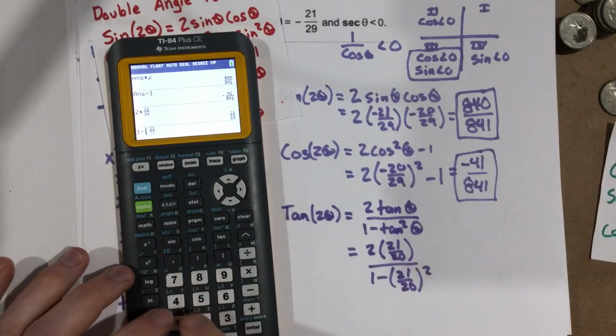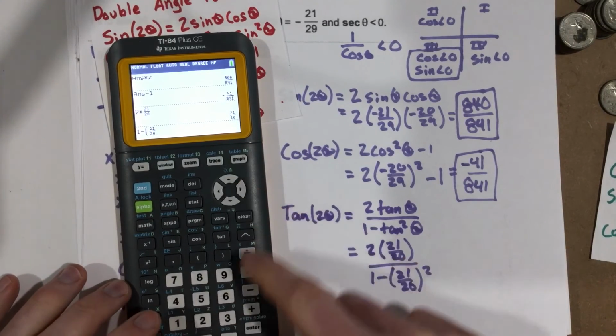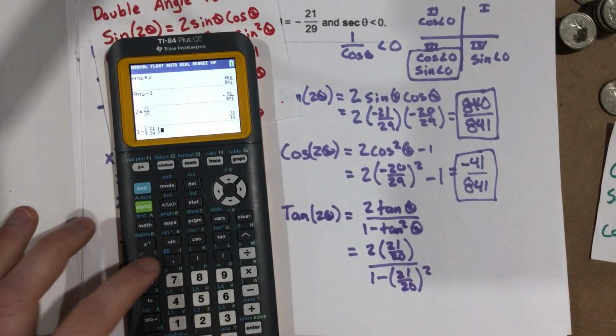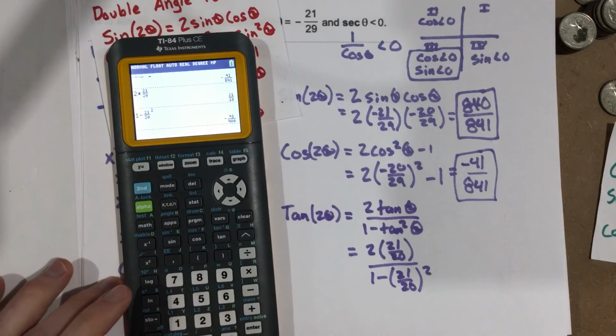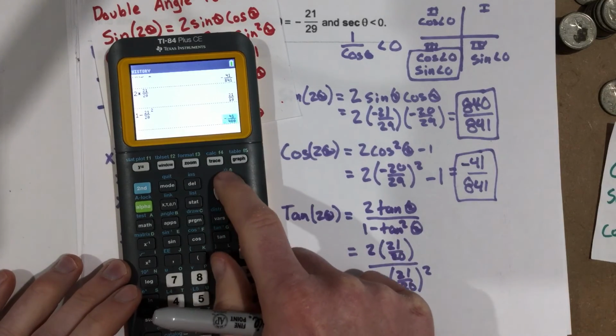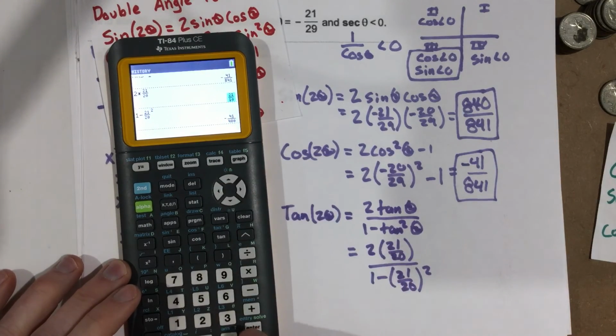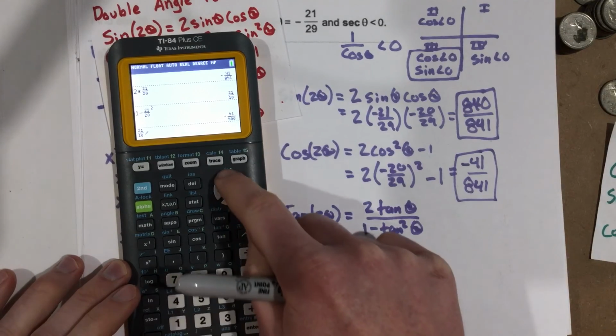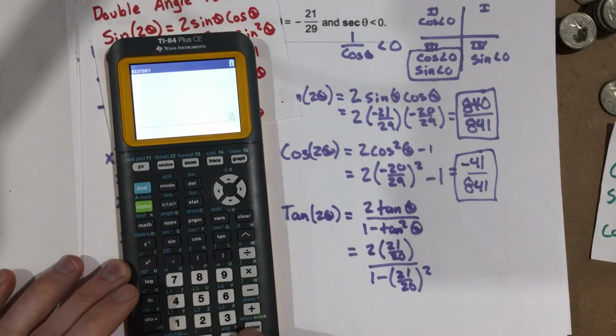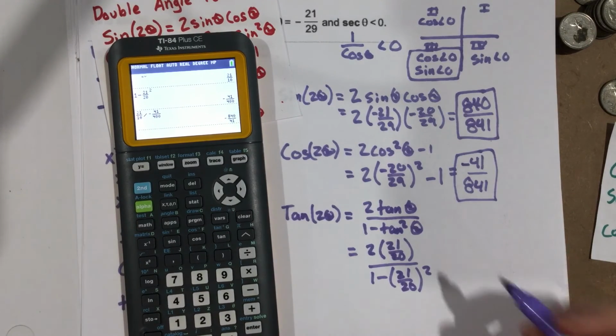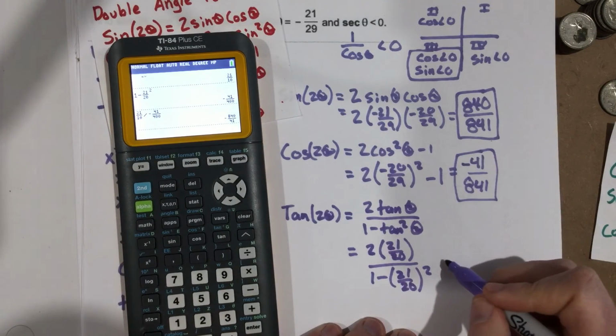And then I can take those and divide them, right? So the top divided by the bottom. And it gives me negative 840 over 41.